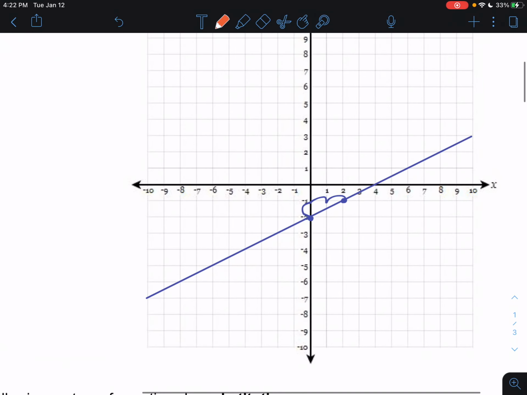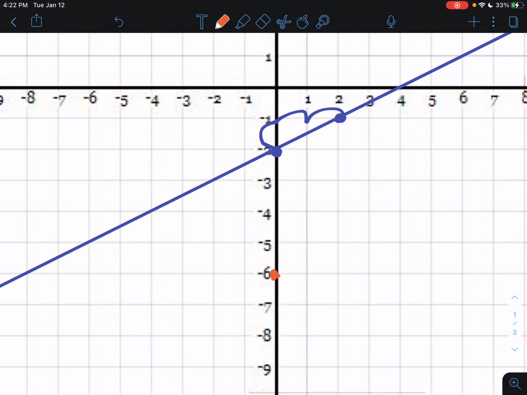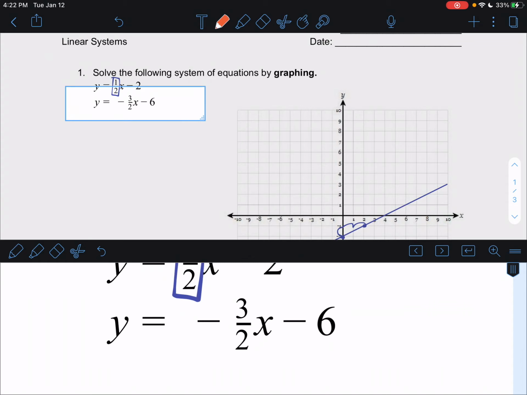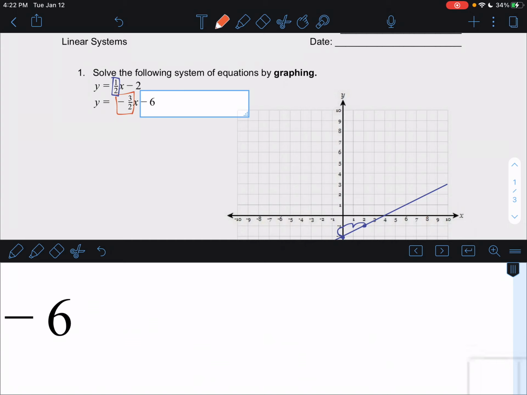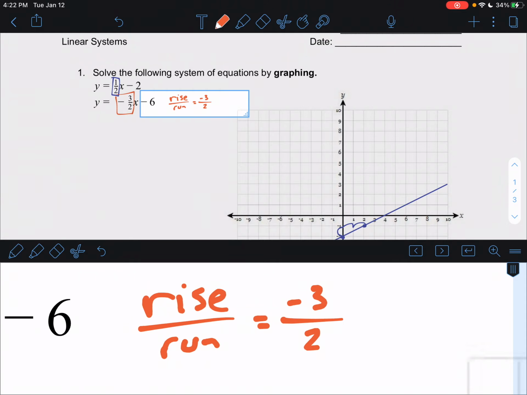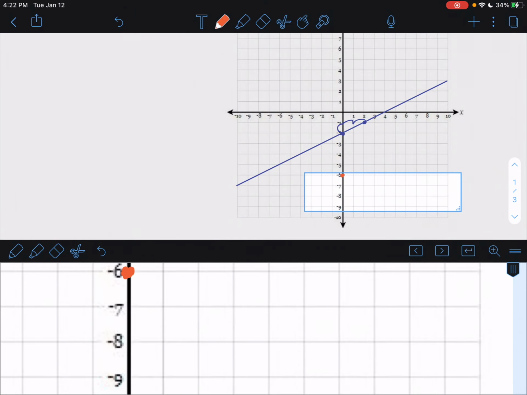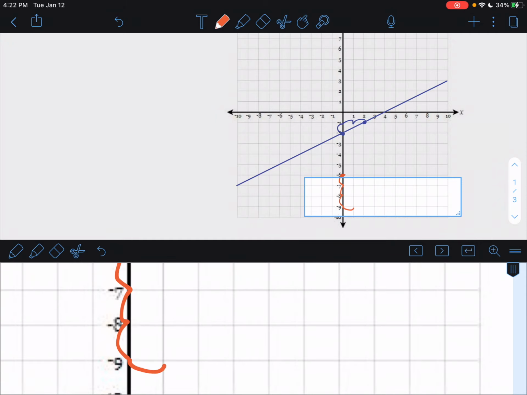So that one is going to start at -6. And that is a slope of -3/2. So that means the rise over run is going to be -3/2. So I'm going down 3 and right 2. So from this orange 6 there, I'm going down 1, 2, 3, and right 2. So 1, 2. That takes me to this point, 2, -9.